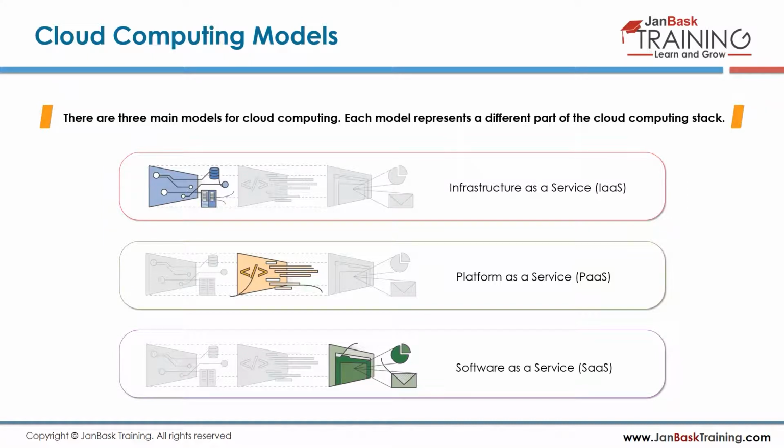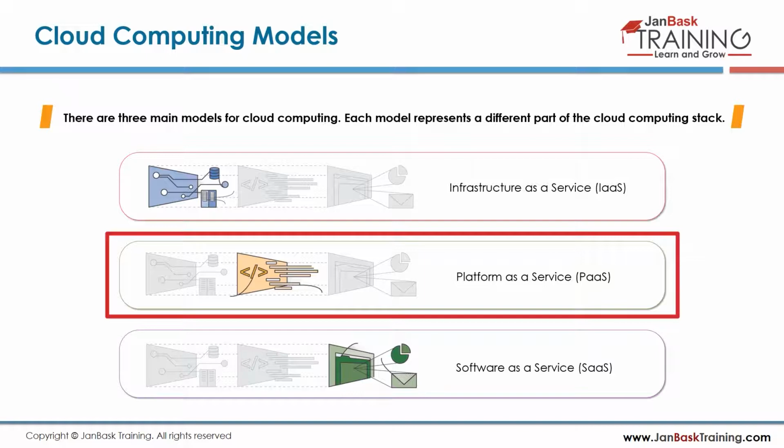Then you have PaaS, platform as a service. So platform as a service is like Google Maps. Google Maps is a platform for you. So you use Uber, right? Whenever you are requesting a ride, Uber shows you your starting position and your end position and all the drivers that are around you on Google Maps, right?